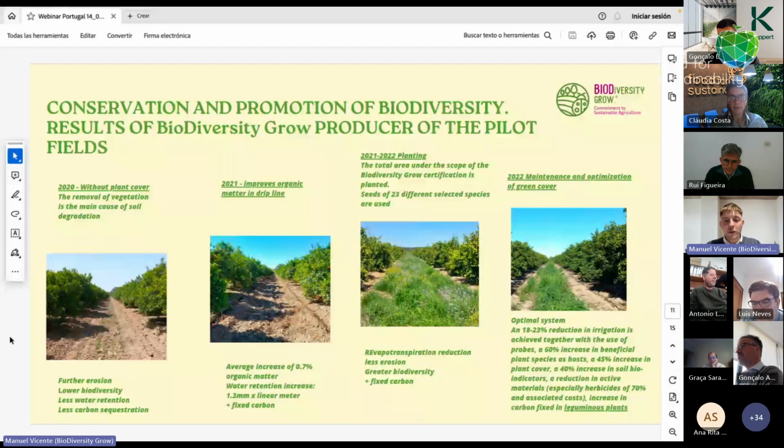Between 2021 and 2022, in the process of planting, the total area under the scope of the BiodiversityGrow certification is planted. We can visually directly see different fauna in the cover, and also, of course, there is evapotranspiration reduction, less erosion, greater biodiversity, and of course more fixed carbon.